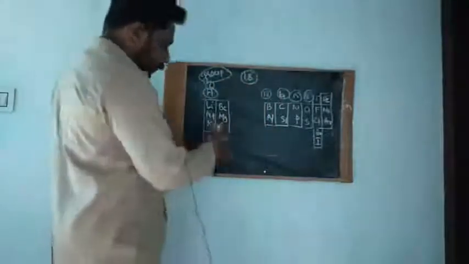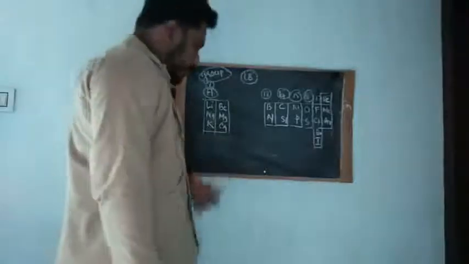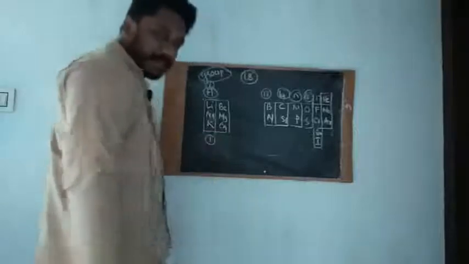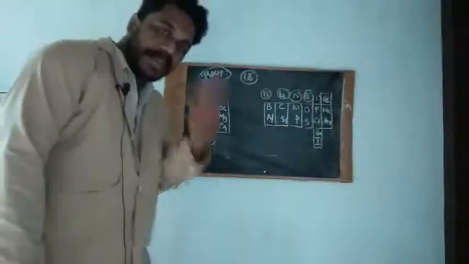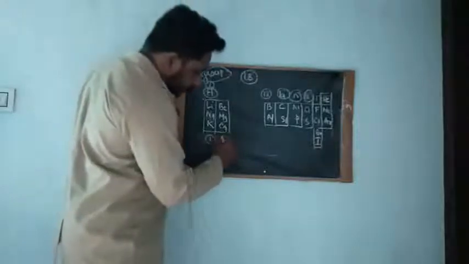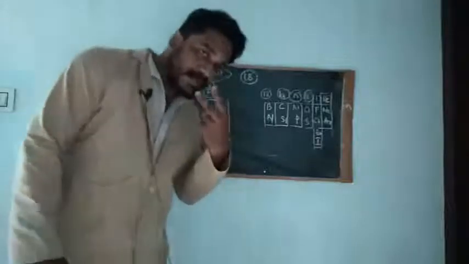You should know that all the first group elements have valency 1. That means they will donate 1 electron whenever they take part in a chemical reaction. All the second group elements have valency 2, meaning they will donate 2 electrons.